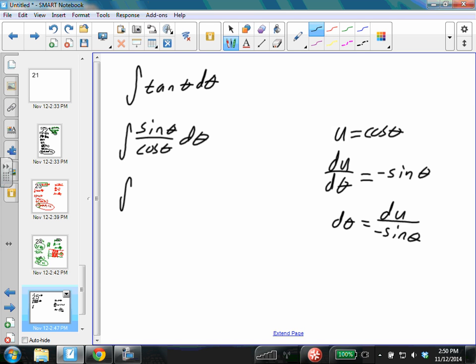So this right here is sine of theta over u, because cosine was our u, times the change in u divided by negative sine theta. So my sines cancel. What am I going to do with this negative sign right here? Yeah, I'm going to pull it out to the front as a -1. It's still a constant. So negative times the integral of 1 over u du.